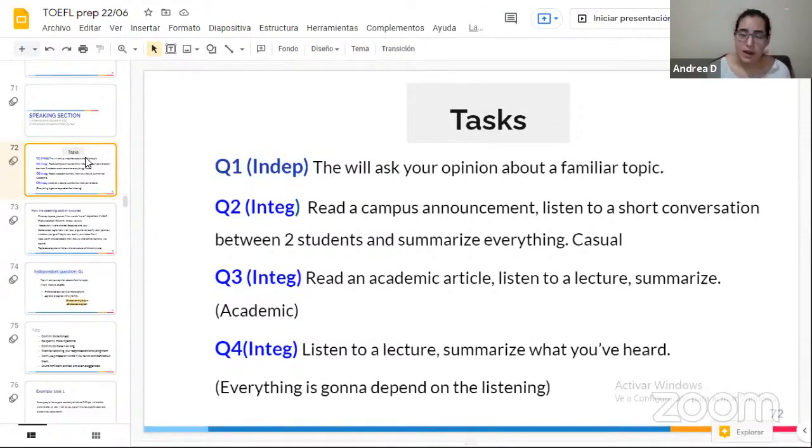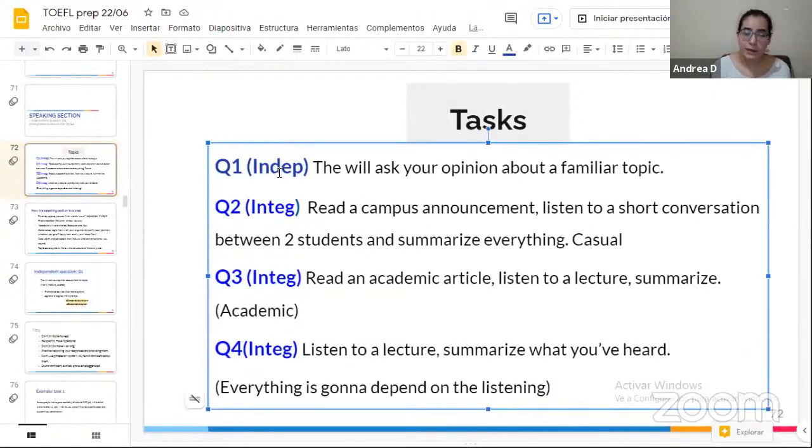It's also important that you know that you have both independent and integrated tasks. If you remember what that meant from the writing section, independent basically means that you don't have to do anything before you answer the question. You don't have to read or listen to anything. You just get the question and you answer it.